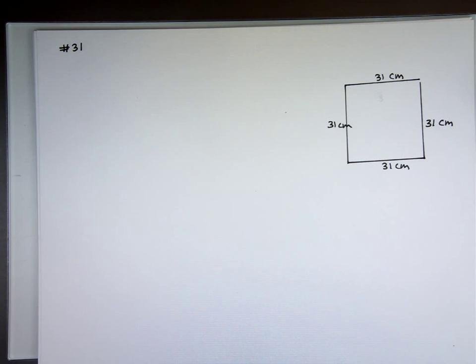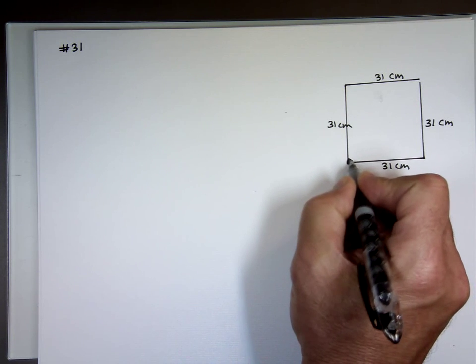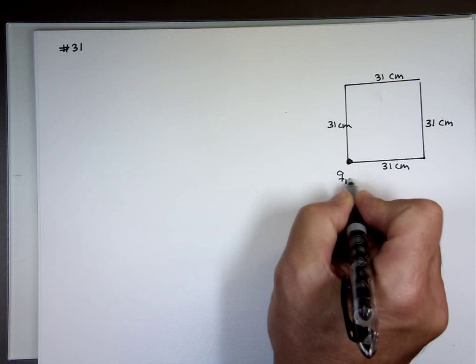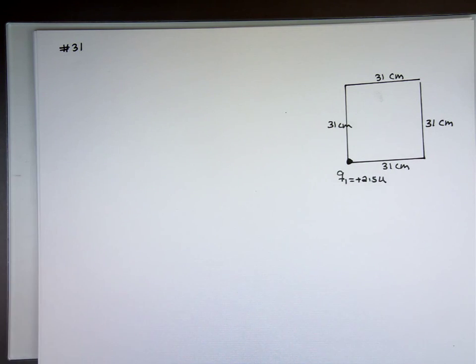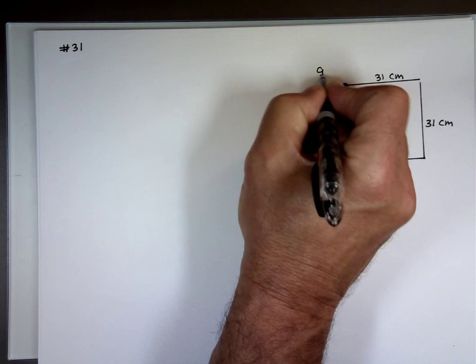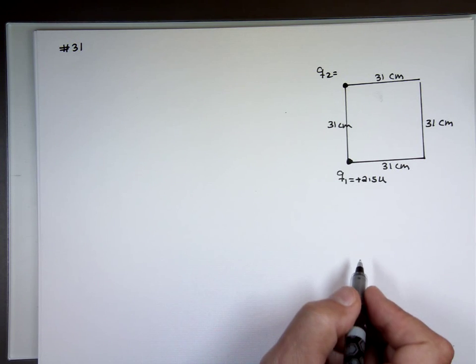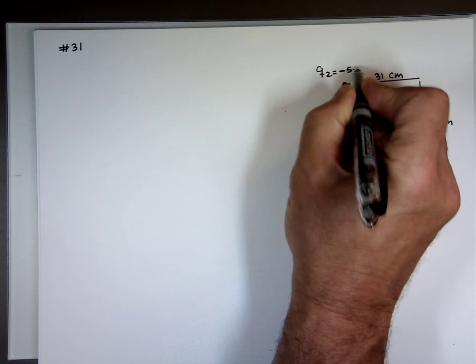And here's what we have. We have charges. In the bottom left, we have a charge of positive 2.5 micro. There's a charge here, we'll call it Q1. Q2 is right here. We have a charge of negative 2 times that number, that's negative 5 micro.